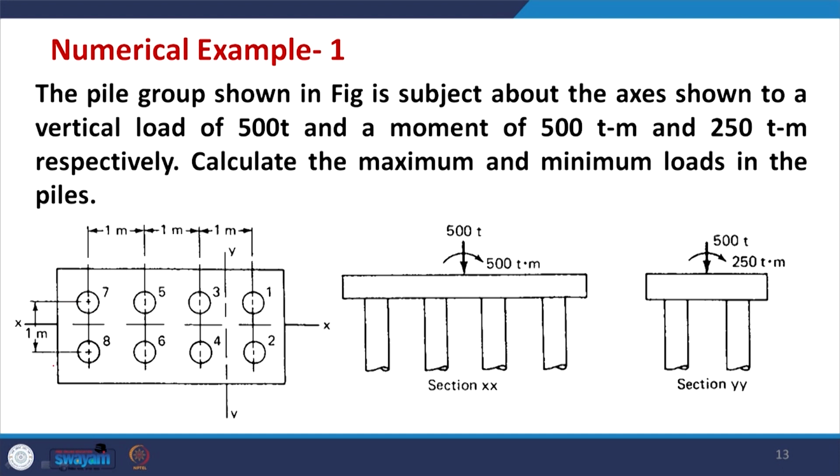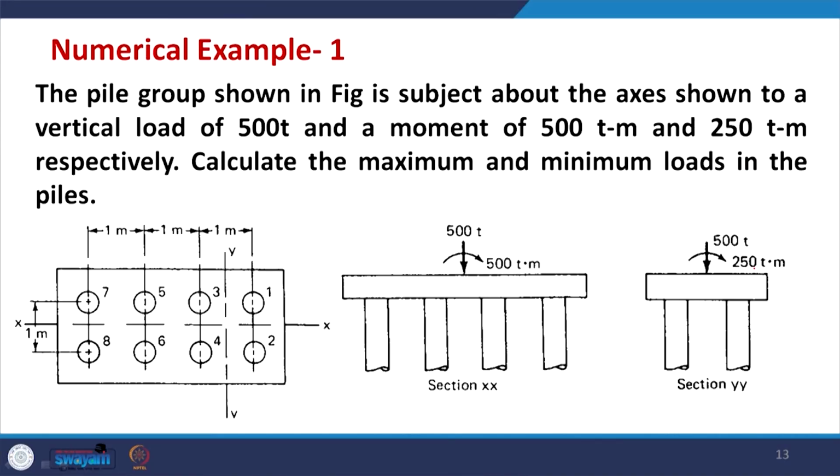In the elevation, the vertical load applied is 500 ton, and a moment acts about the y axis of 500 ton per meter and about the x axis of 250 ton per meter. So the pile group is subjected to one vertical load and 2 moments.